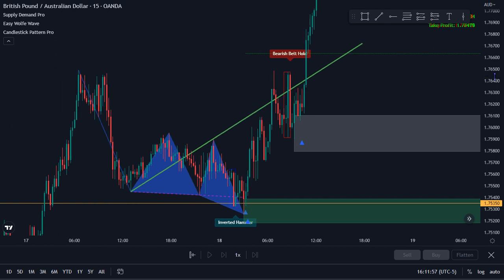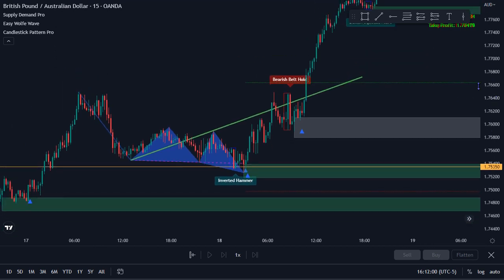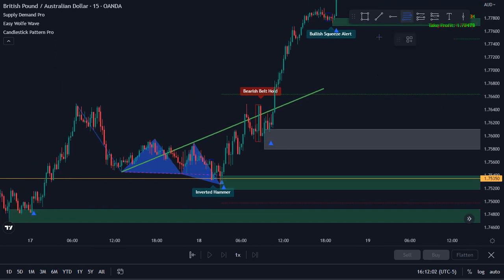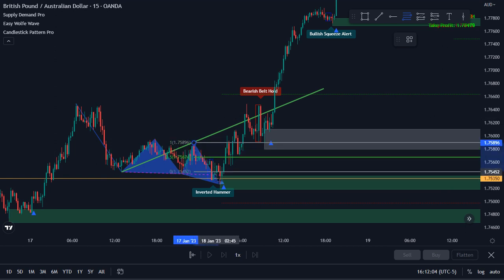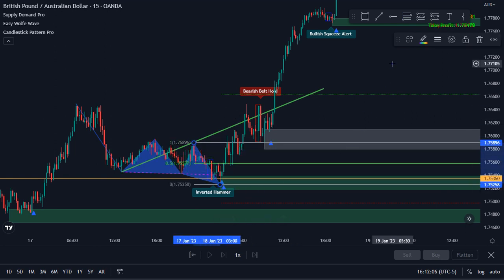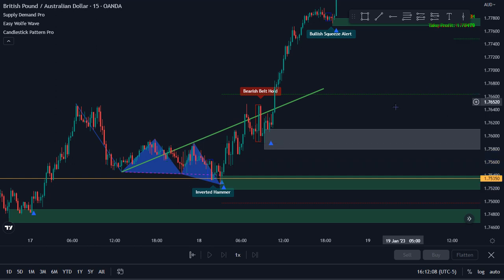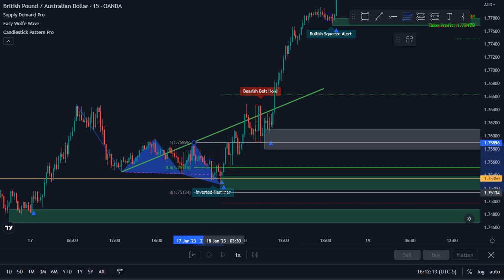And then another way I like to do that is with fib extensions. Let me get this on here for you.